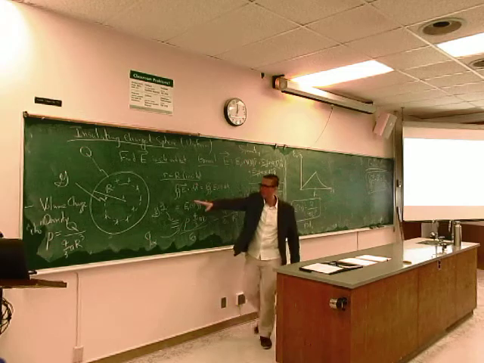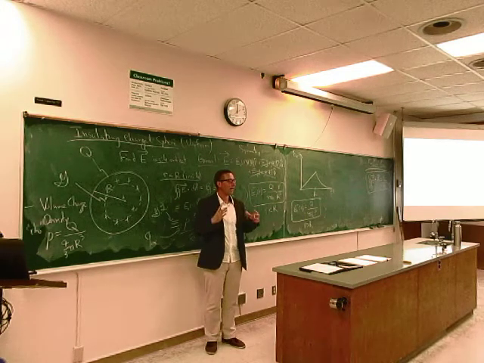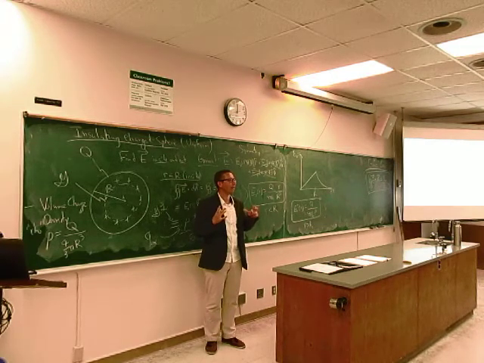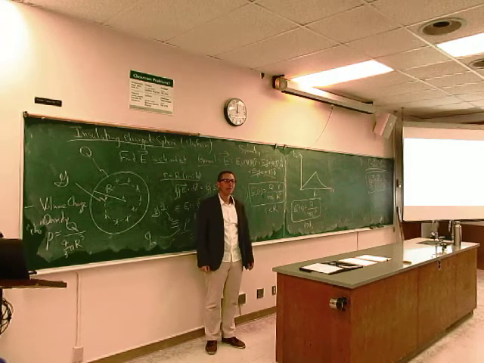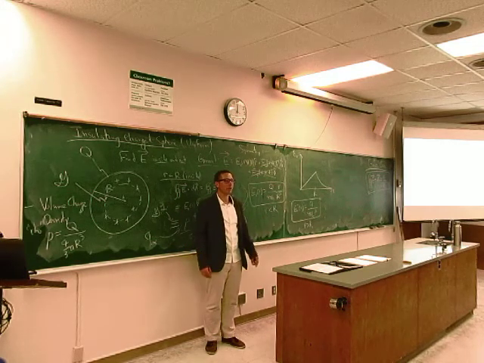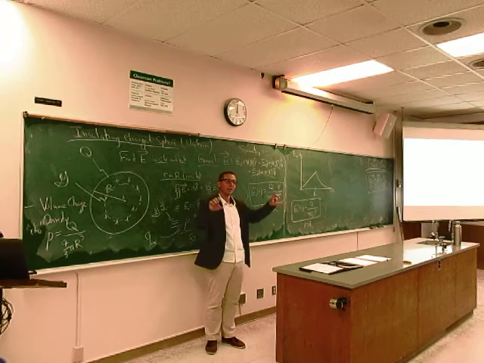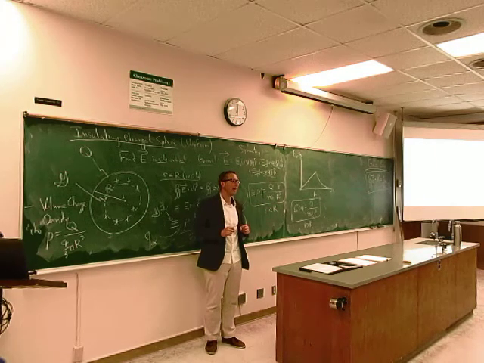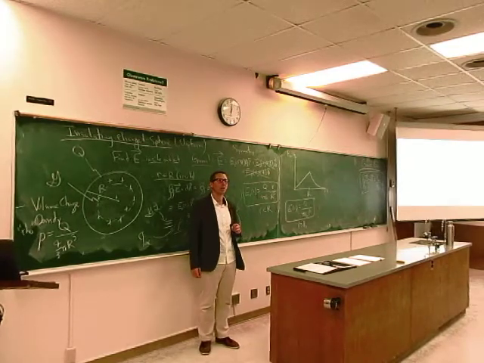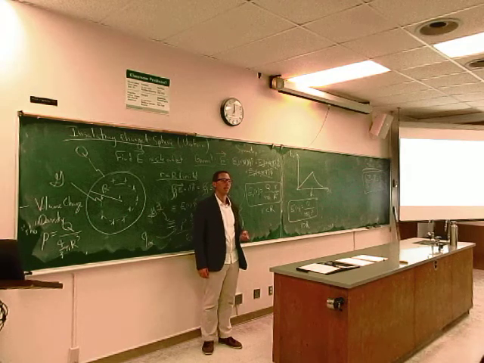I could have nested spheres, and again, you would use a spherical Gaussian surface, and you could find the electric field due to nested spheres, because it's spherically symmetric. If I had a charge distribution which was cylindrically symmetric, you'd want your Gaussian surface to be a cylinder. And in the next class, what we'll look at is a charge distribution which has planar symmetry, and we'll use that to find the electric field. So those are the basic symmetries which allow us to find the electric field.